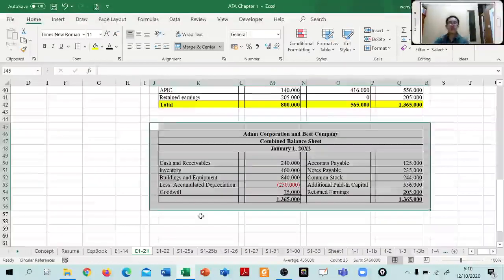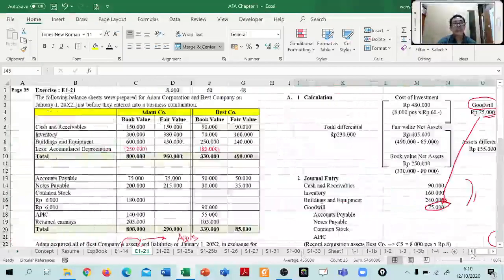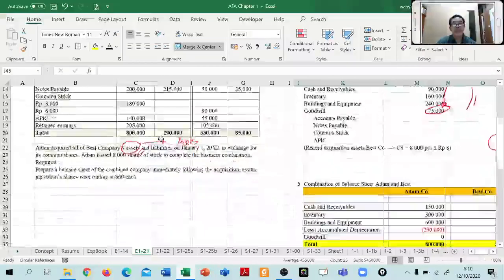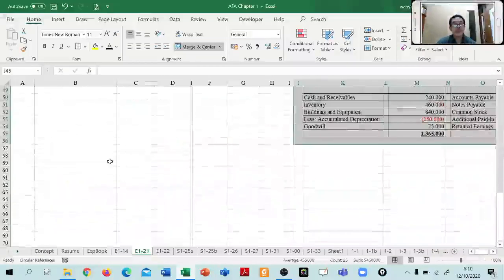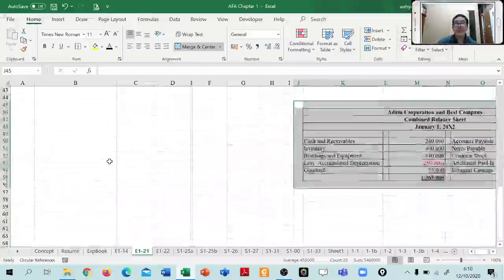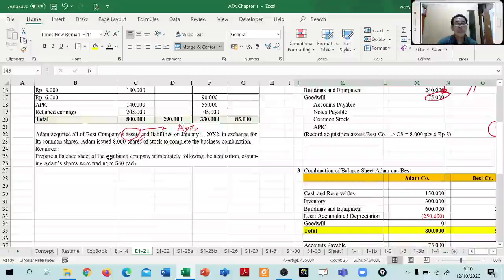Okay, this is how to make a solution of exercise A1 and 21. I hope this is how to make the solution of that question.